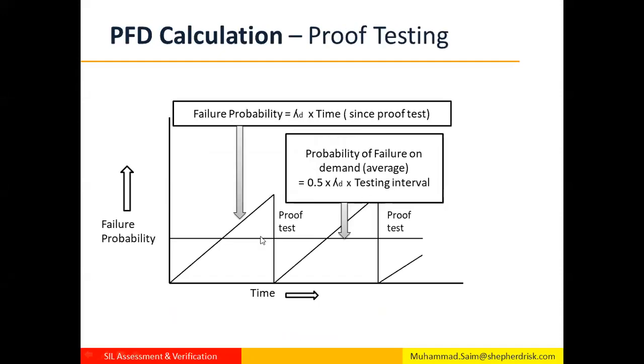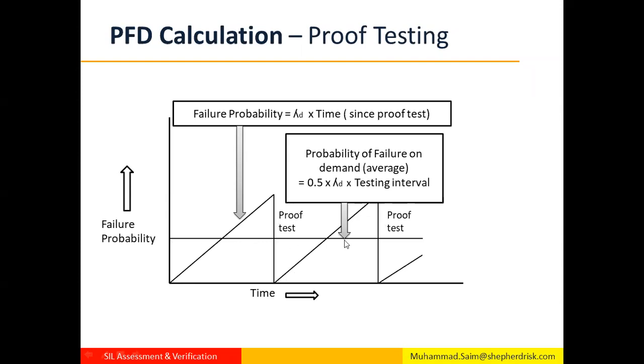So here, we operate until the PFD reaches the desired point. Then we do the proof test, restore the system to its origin, and then operate again. Then again, a proof test interval, and so we carry on with the proof test and operation cycle.